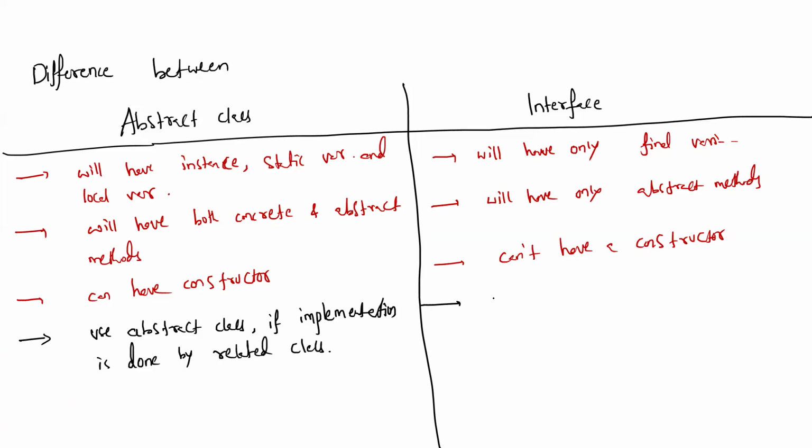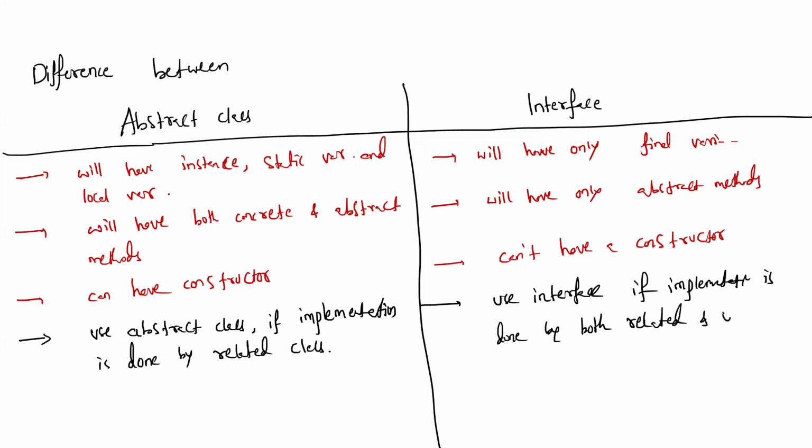Then when should we use an interface? Use an interface if implementation is done by both related and unrelated classes.